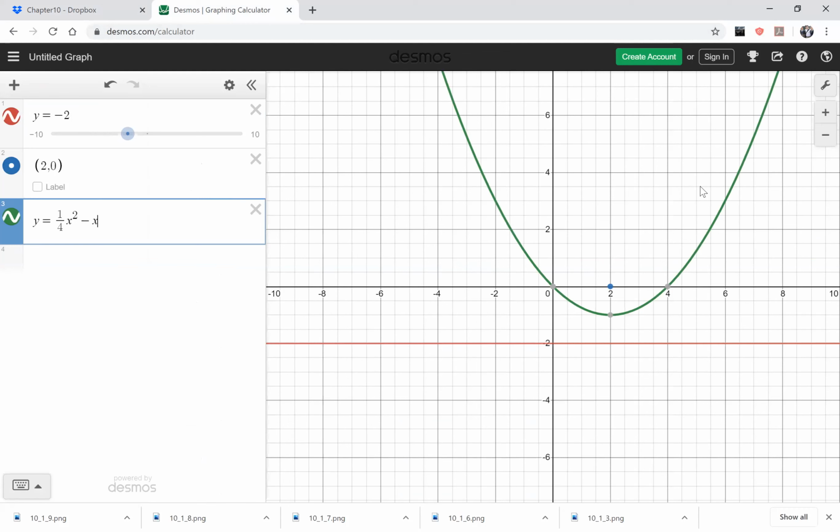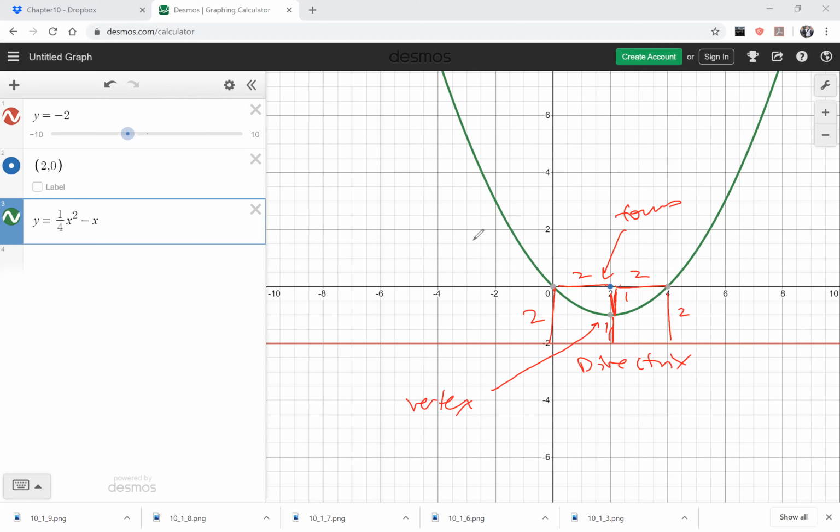And so what you can see is, if I annotate it, this distance is 1, and this distance is 1. This distance is 2, and this distance is 2. This distance is 2, and this distance is 2. So this is the directrix. That's the focus right here, that blue point, and this point right here is the vertex.